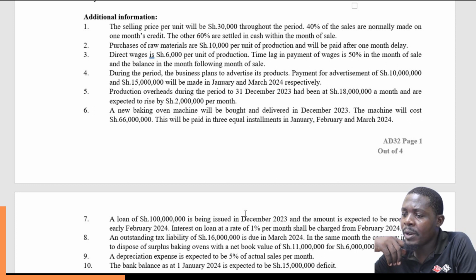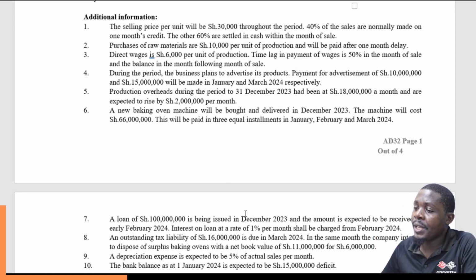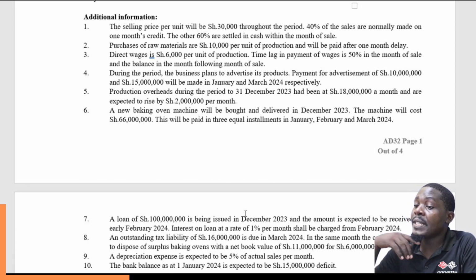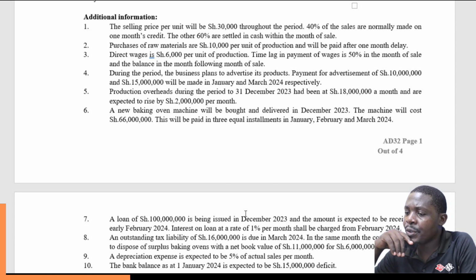A loan of 100 million is being issued in December 2023, and the amount is expected to be received in early February 2024. Interest on the loan of 1% per month shall be charged from February 2024.